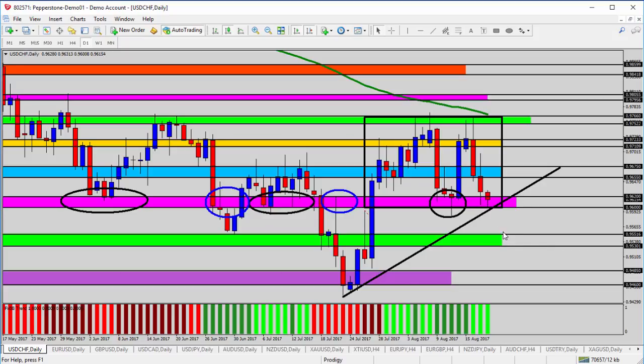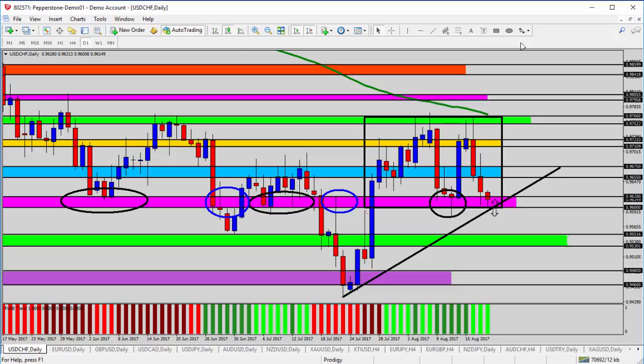For the market, for the Forex, for sellers to continue to stay in charge and drive this lower, what's the imperative? The imperative would be that the market gets underneath this pink shaded area and likely the 9600 level. As long as it doesn't do that, history and probability tells us, along the 3 black circles, that there's more likely a support here and that there's a potential, history tells us, that it bounces back up.